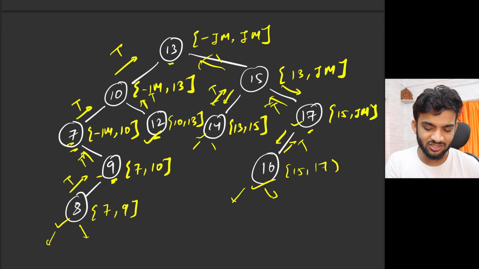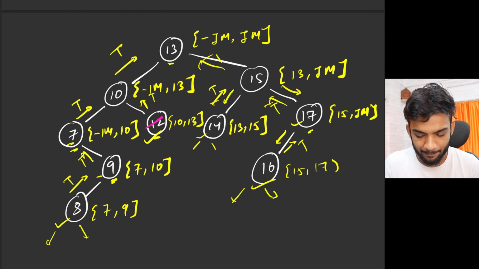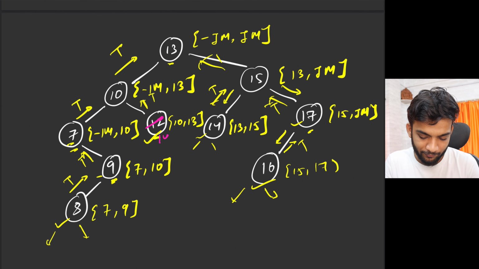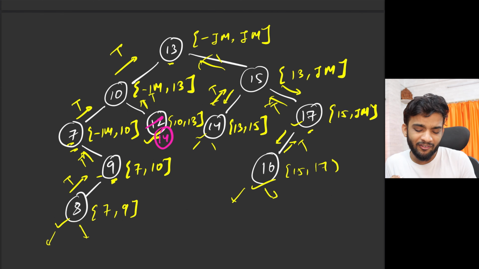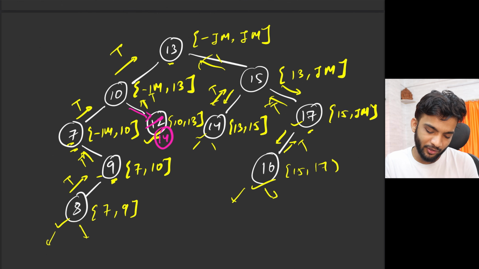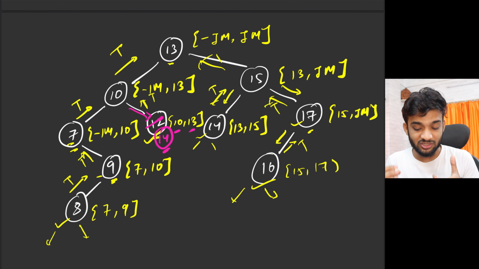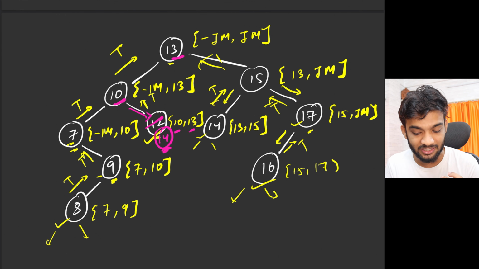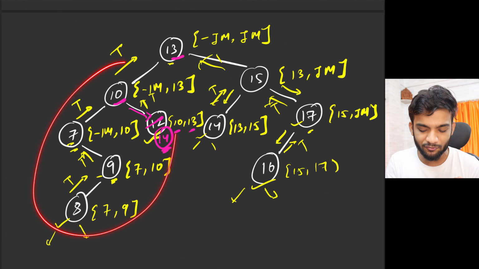Now just to make understanding better, what if there would have been something like, okay, it's greater and you have like 14 over here. Whenever you would have come over here, you would have found 14, and that's not in the range 10 to 13, because it has to be greater than 10 since this 14 is lying on the right, but at the same time it has to be lesser than 13 because it is a part of the left guy.